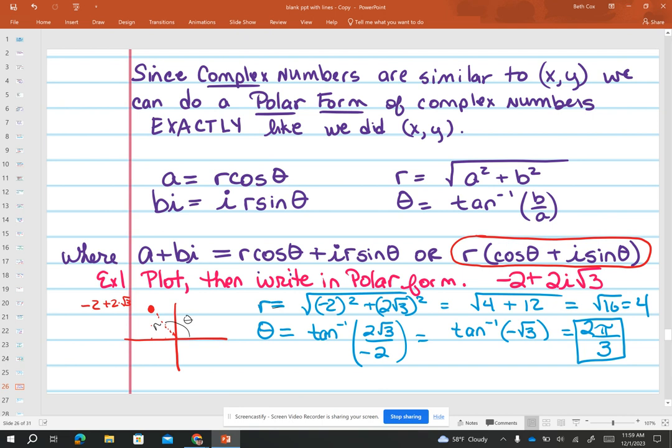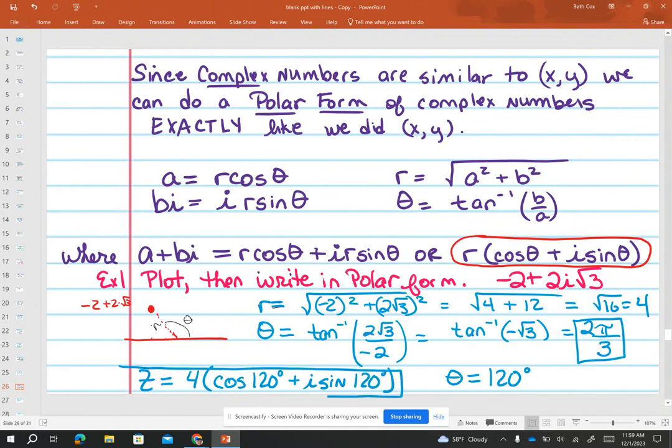Now, just for the sake of being a little easier, we are going to do most of ours in degrees. So theta in degrees is 120 degrees, and that's what 2 pi over 3 is. So for this particular problem, our z in polar form is going to be 4 times cosine of 120 plus i sine of 120.